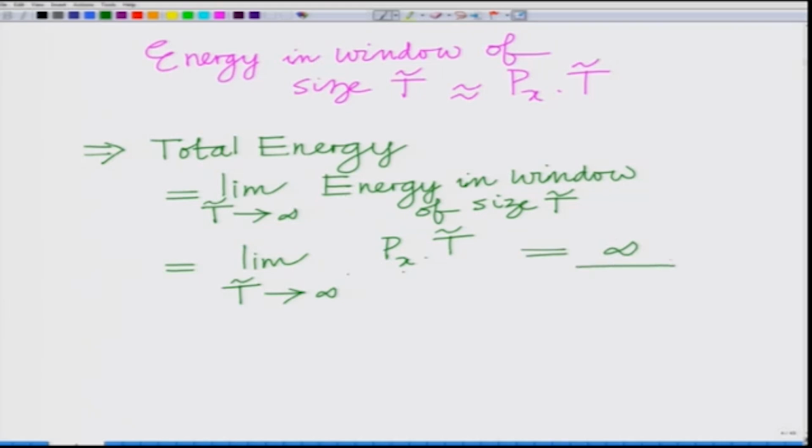Therefore, how we have proved this is that we have considered the energy in a window of size t tilde, and we have said that it is P x times t tilde. Therefore, as the size of the window tends to infinity, naturally P x times t tilde tends to infinity, because the power is a constant. Therefore, the power in unit time is constant, and as time tends to infinity, the total energy tends to infinity naturally.